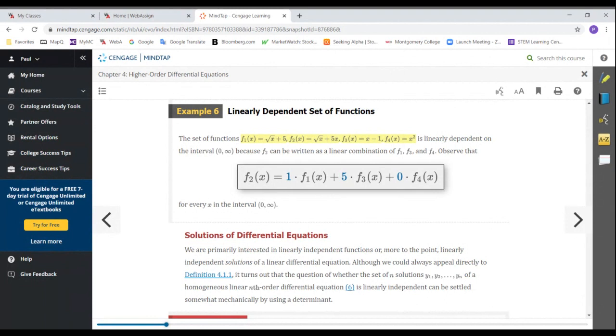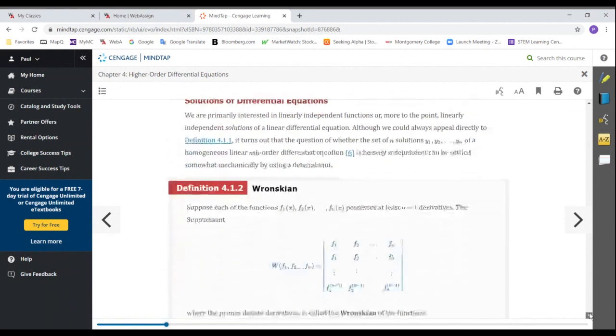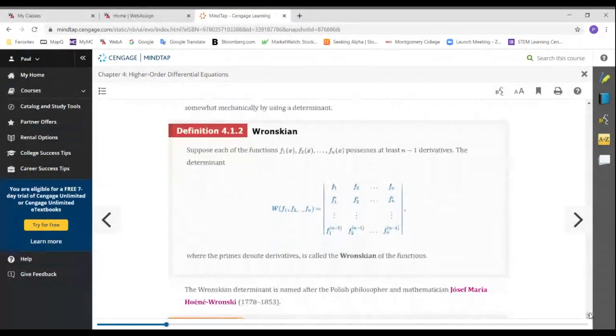How would you go about that? Well, there's a determinant called a Wronskian in definition 4.1.2.